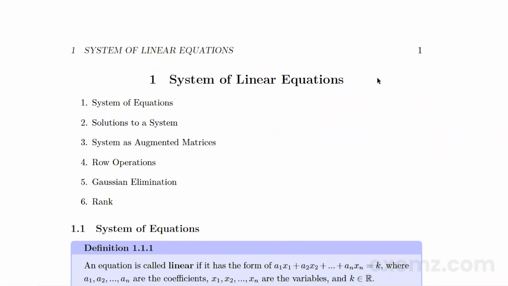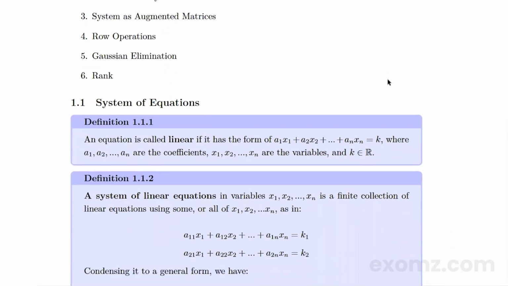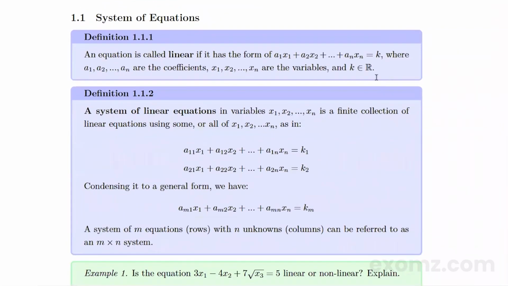So first of all, let's take a look at the definition of system of equations. An equation is called linear if it has the form of a1x1 plus a2x2 plus all the way to anxn equals to k. Notice that for a's right here, these are what we called coefficients.